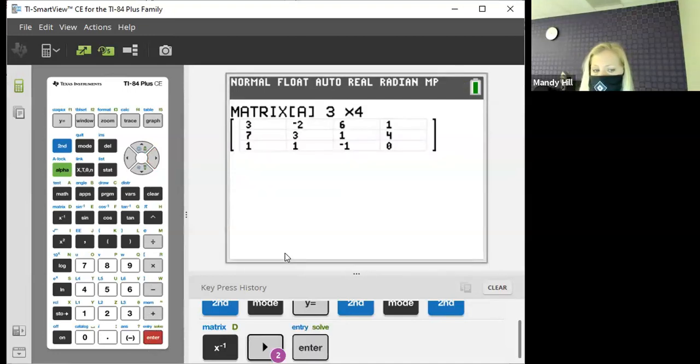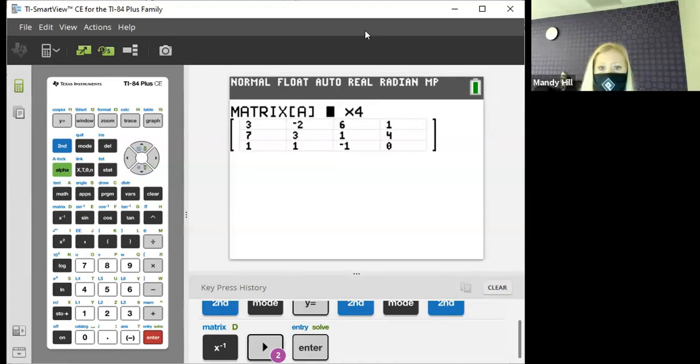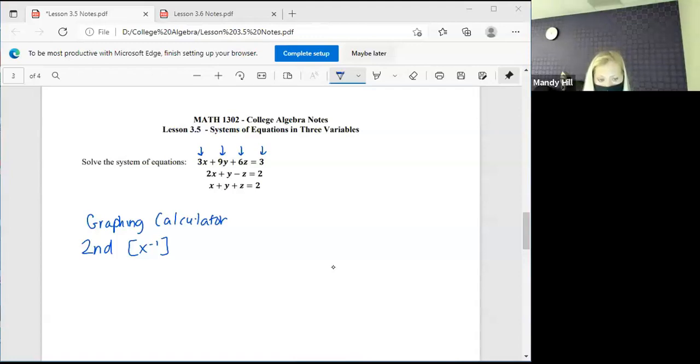When you do that, we do want a 3x4 matrix.